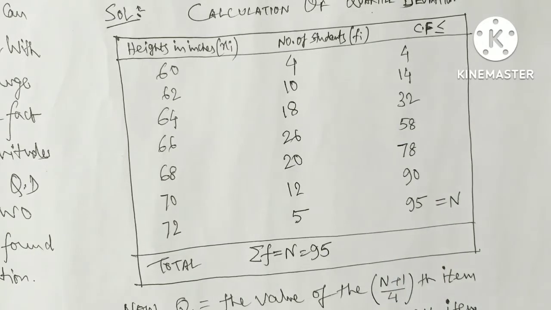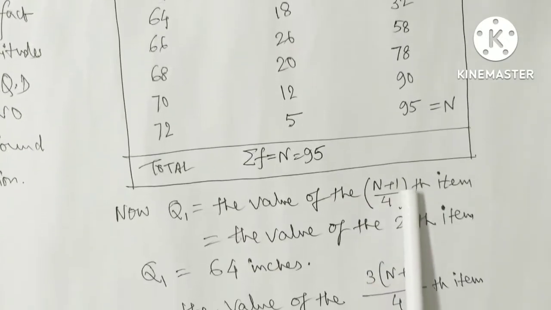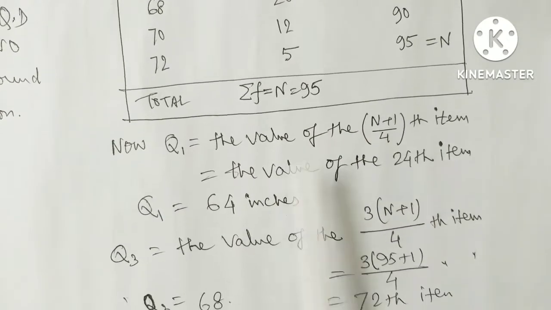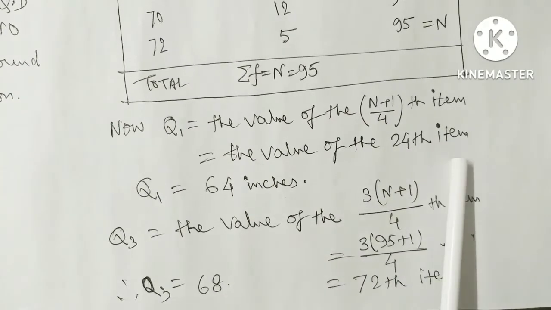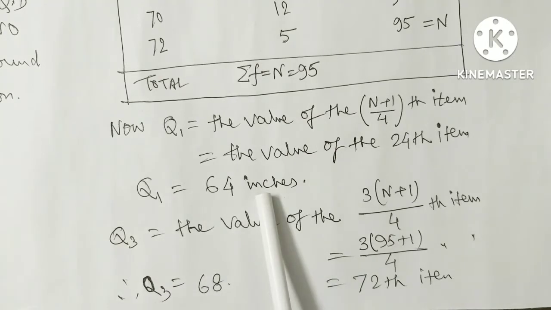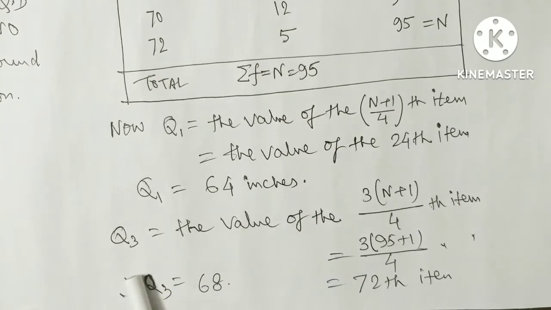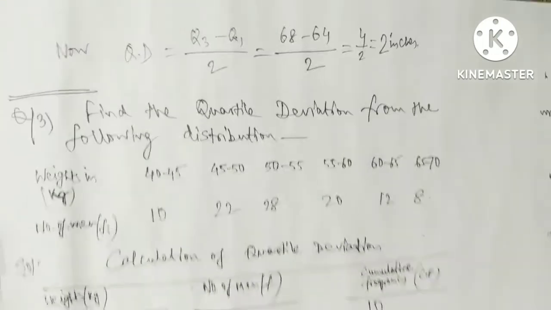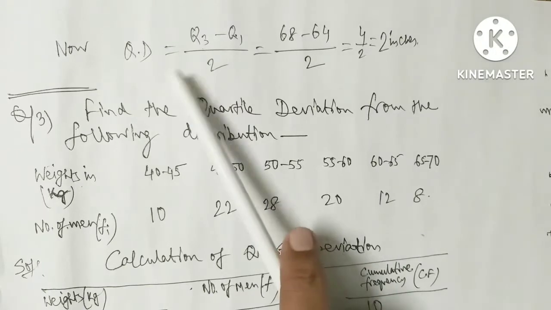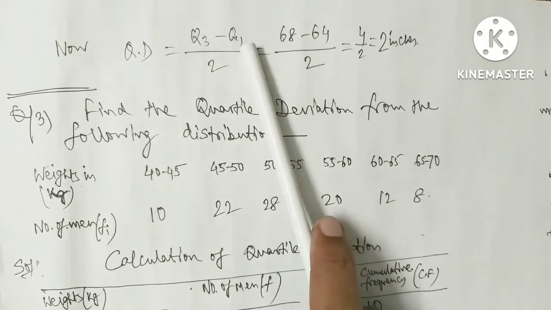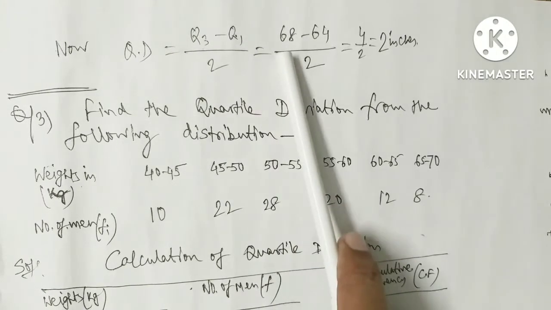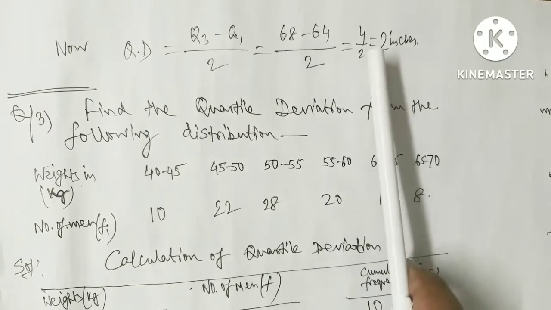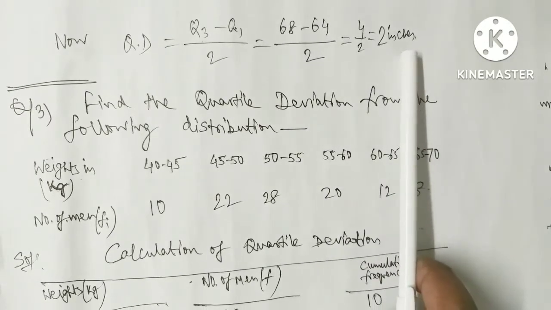Now Q1 equals the value of the (n plus 1) by 4th item, that is the value of the 24th item. Q1 is 64 inches, and similarly for quartile 3 we get 68. Here quartile deviation becomes (Q3 minus Q1) by 2 equals (68 minus 64) by 2 equals 4 by 2 equals 2 inches.